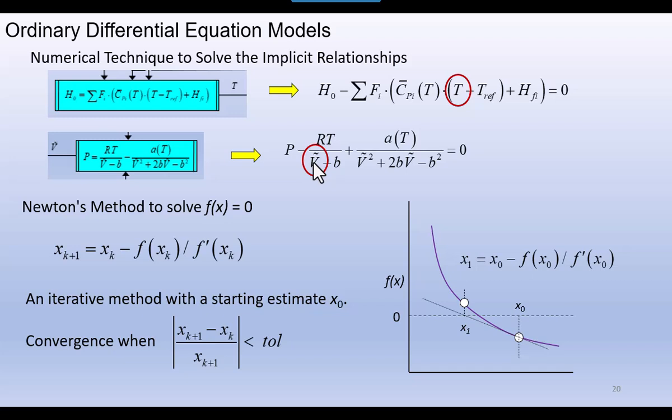Also, because we're going to be doing this hundreds and perhaps thousands of times during the solution, we need a method that is very efficient. So what we choose to do here is to take a look at what's called an open method and not a bracketing method.